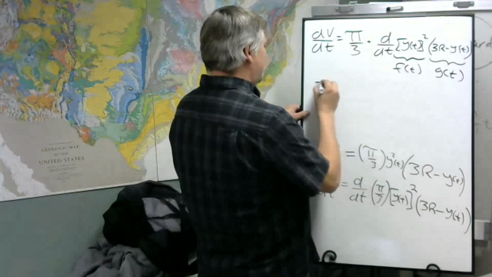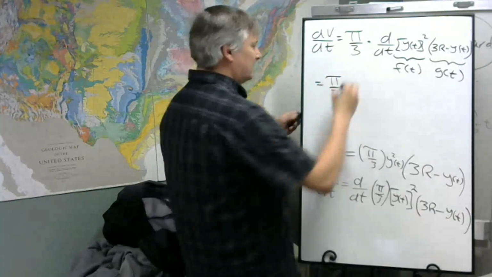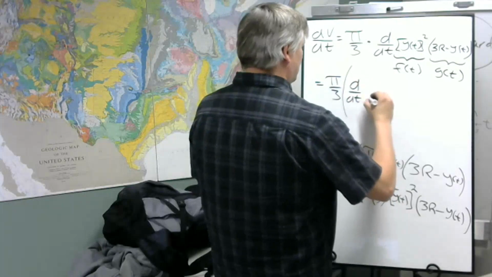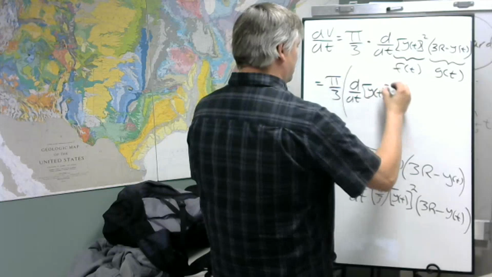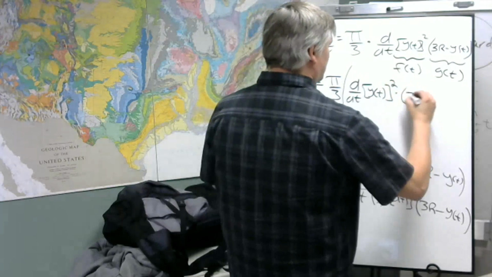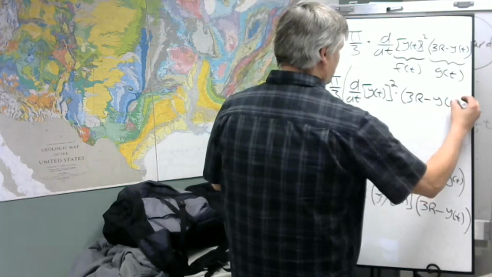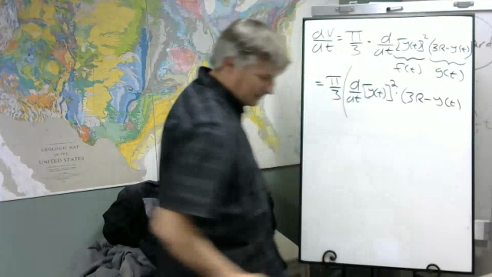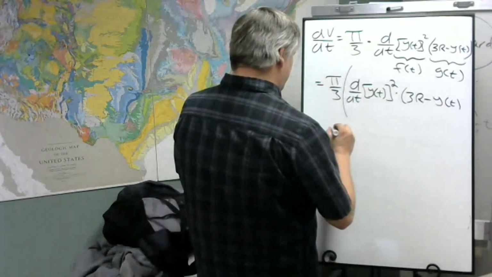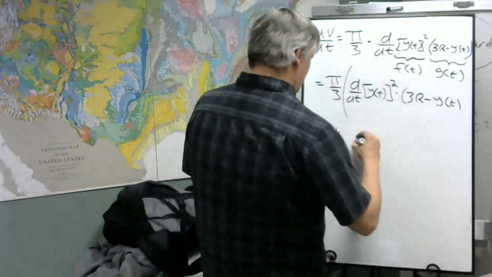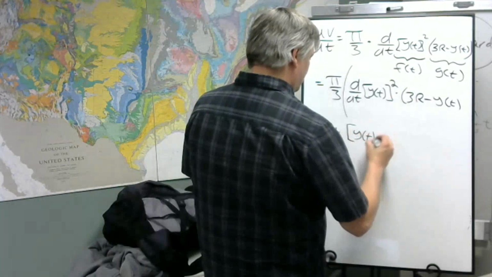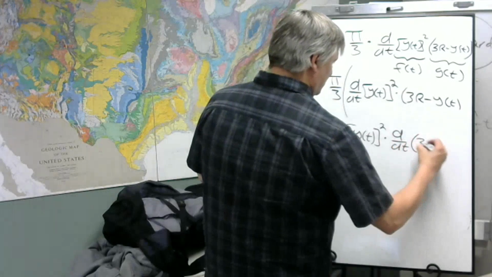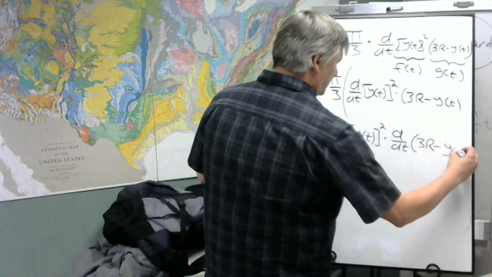We still have our pi over 3 on the outside. So we'll have d/dt of y of t squared times our g of t, plus our y of t squared times d/dt of (3r minus y of t).